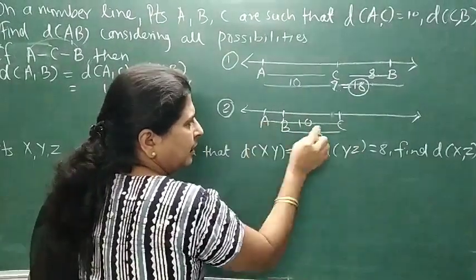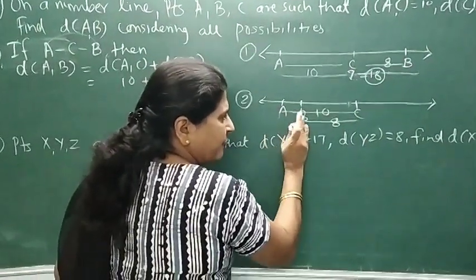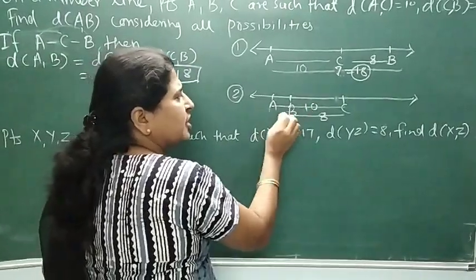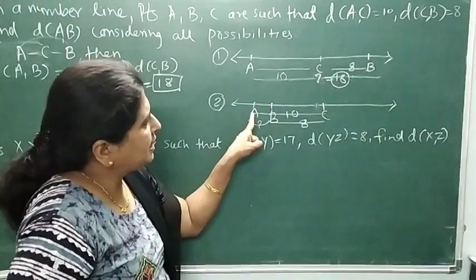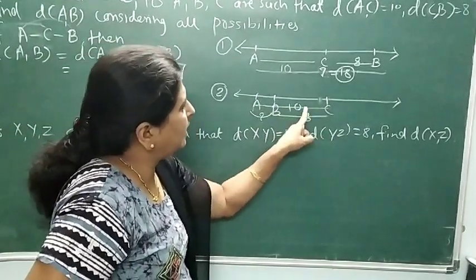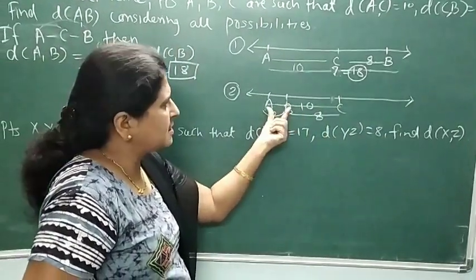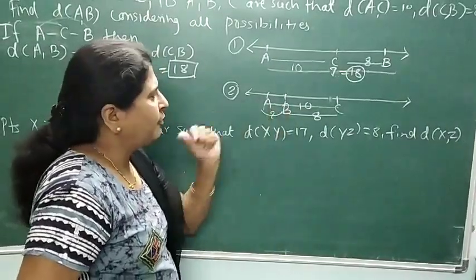Now 10 is bigger, 8 is smaller, so B will be somewhere in between. And in such case, what will be this AB distance that we have to find? We can observe and clearly understand that this is 10, and if we are coming back 8 distance, this distance remaining is 2.